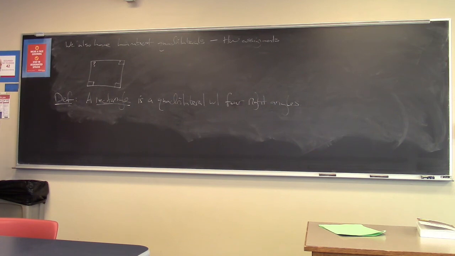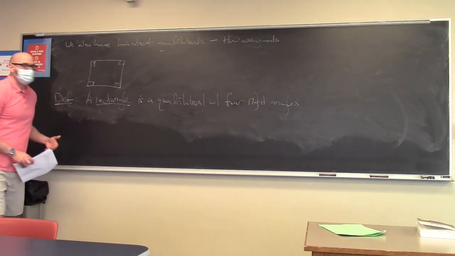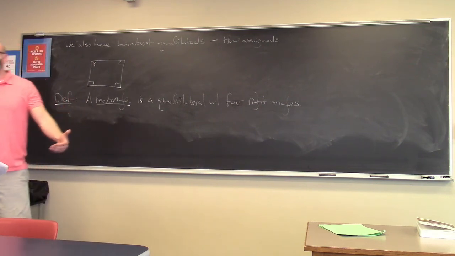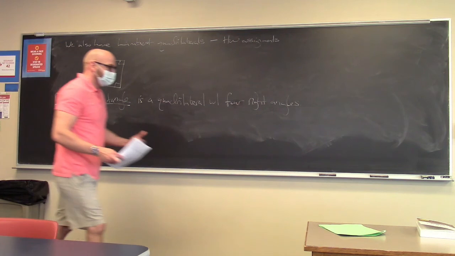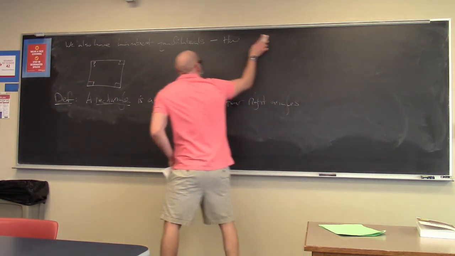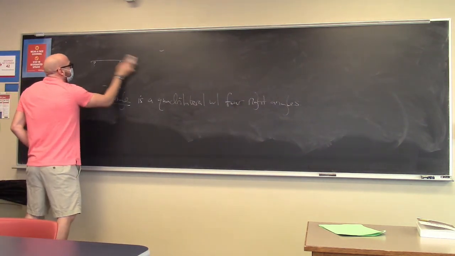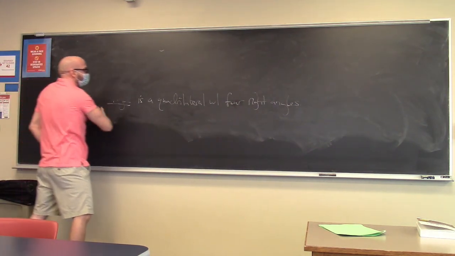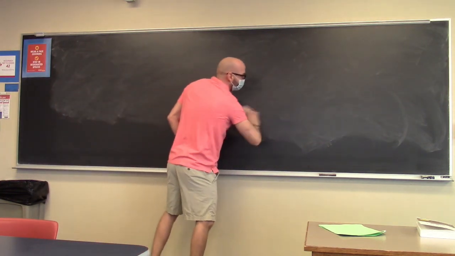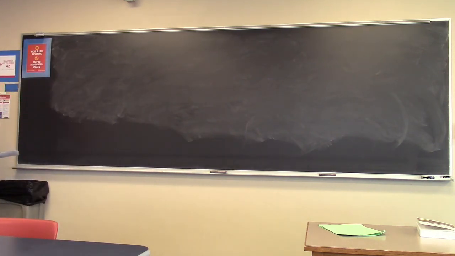And now there's lots of results here with rectangles, and they all sort of start like this. If a rectangle exists, then we can do the following. The problem is, does a rectangle actually exist or not? Well, not in hyperbolic, but we'll prove some stuff here. Sorry if I erased that too fast. A rectangle is a quadrilateral with 4 right angles.